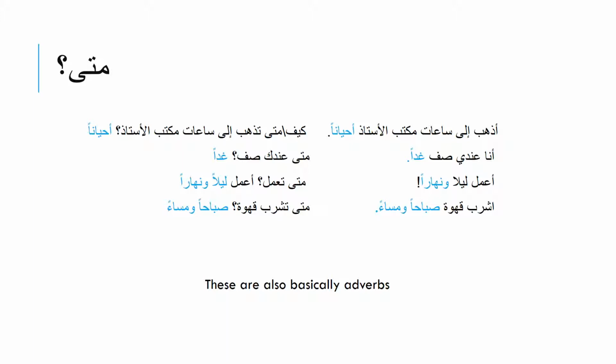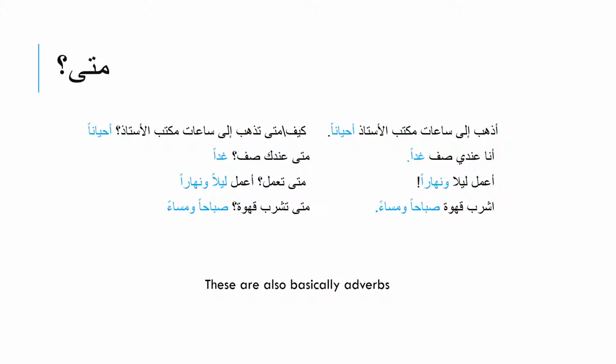Think about the word for tomorrow in Arabic. أنا عندي صف غدا. It always sounds like غدا. That's just fixed like that, right? But that's because it always answers the question meta, right? متى عندك صف غدا. This is one of the categories where you can kind of come up with your own thing. A lot of times you can just take a time word, add a tanwin fatha to it, and it makes it into an adverb.